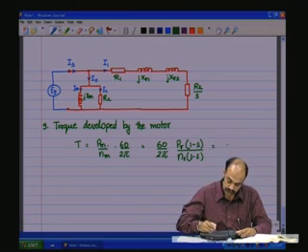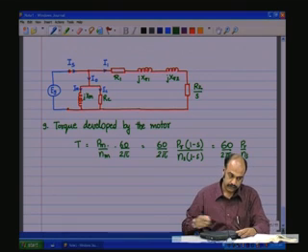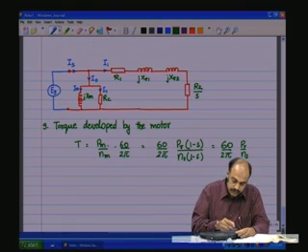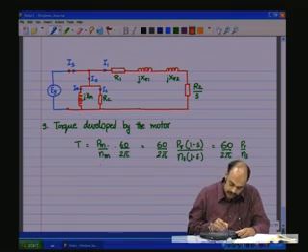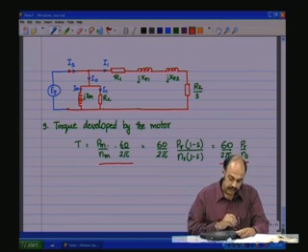So you can say 60 by 2 pi PR by NS. So either you can use this equation, if you know PM and NM, or you can use this equation with PR and NS.